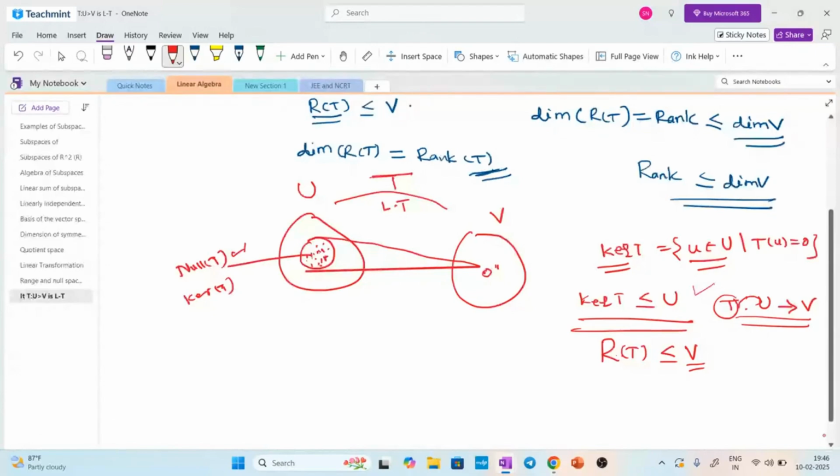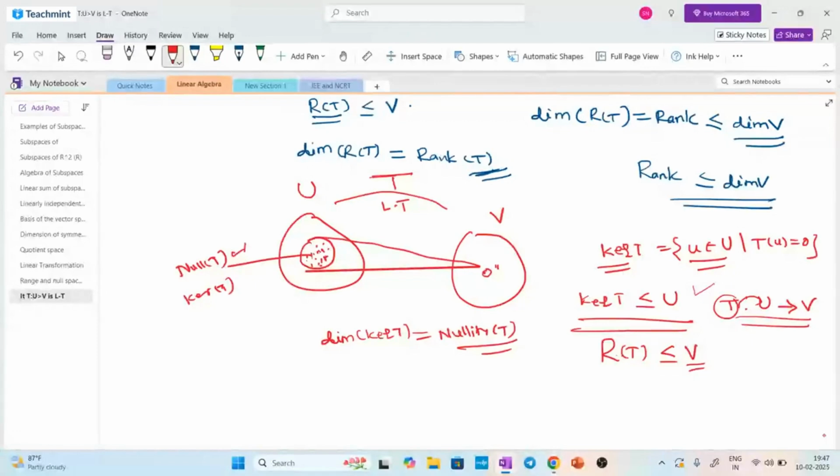Then, the dimension of kernel of T is defined as the nullity of T. You can define nullity of T as the dimension of kernel of T, because the kernel of T is a subspace, and a subspace is actually a vector space, and it has a dimension.